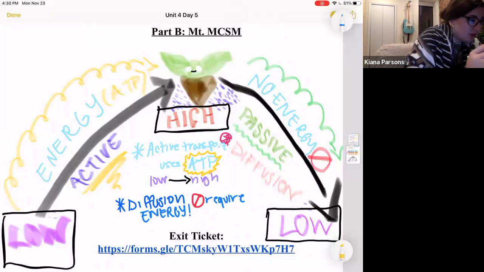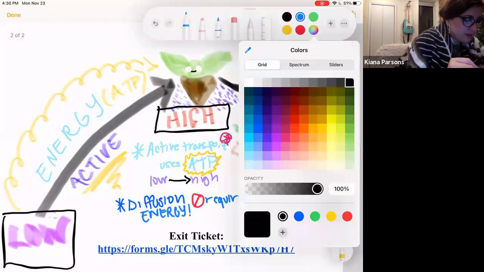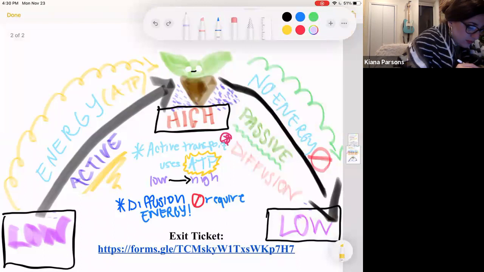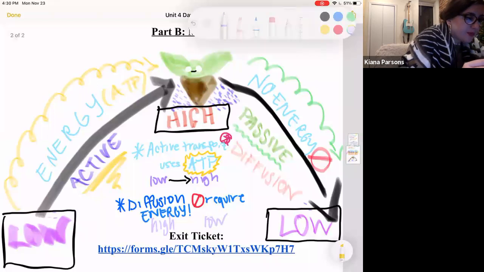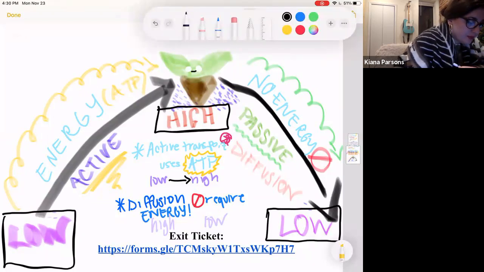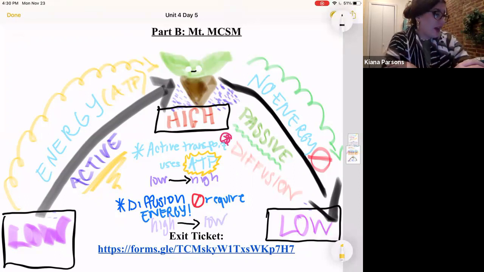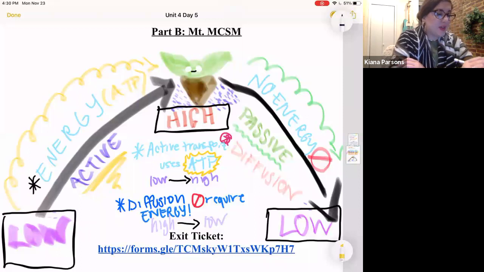And it goes, no, where'd my pen go? From high to low. So again, low to high, like going up that hill, requires a lot of energy, but to get down the hill, no energy.